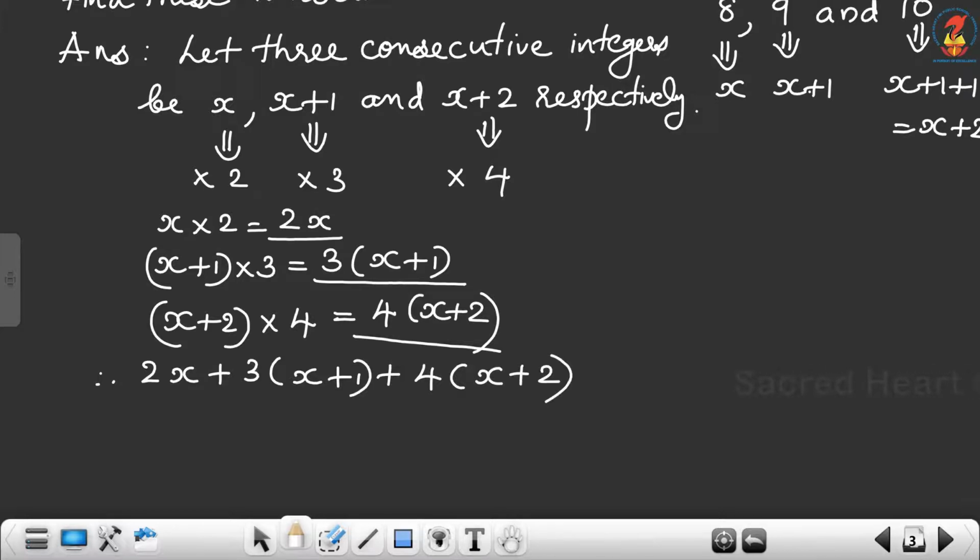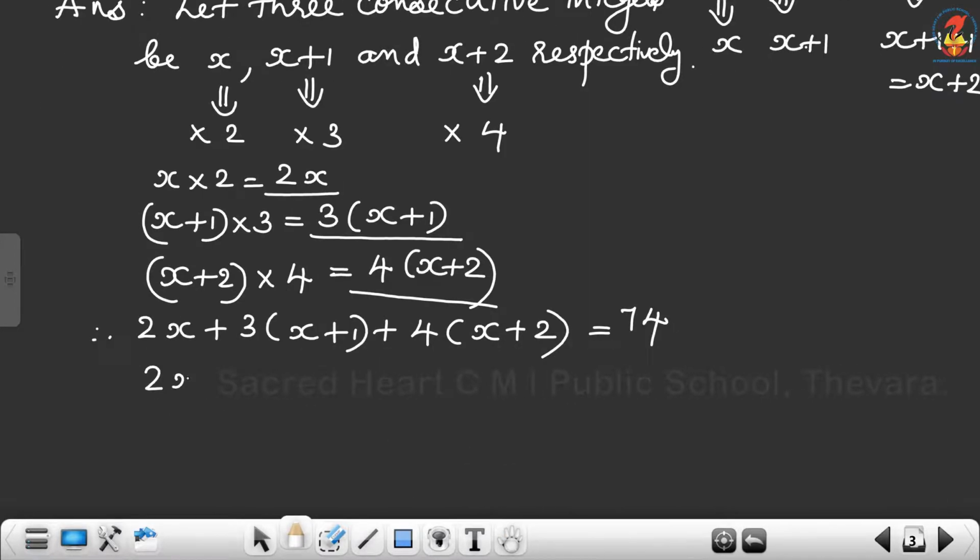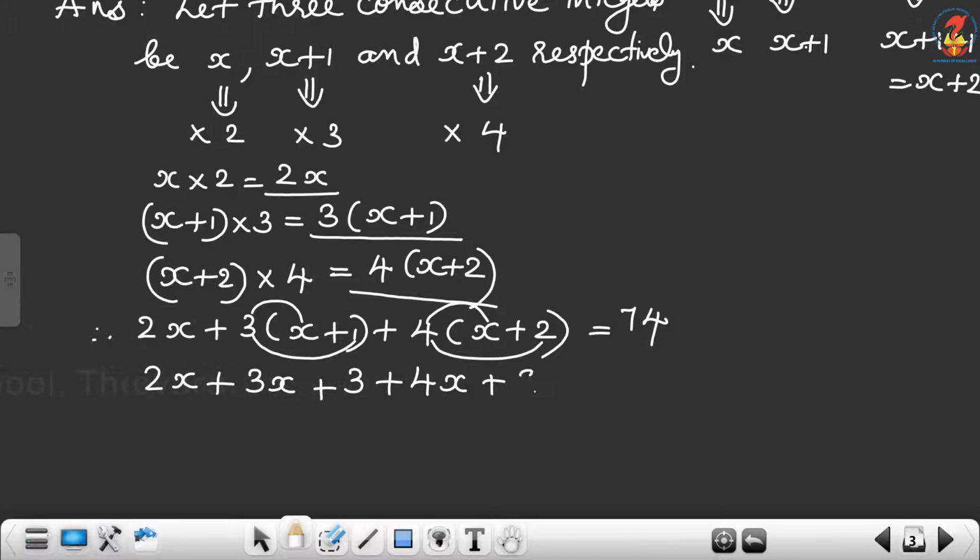We are adding the 3 consecutive integers after multiplying by 2, 3 and 4 respectively. The sum is equal to 74. Then 2x plus 3 into x, 3x, plus 3 into 1, 3, plus 4 into x, 4x, plus 4 into 2, 8, equal to 74.